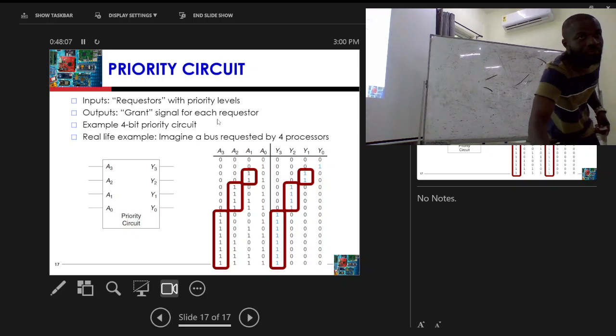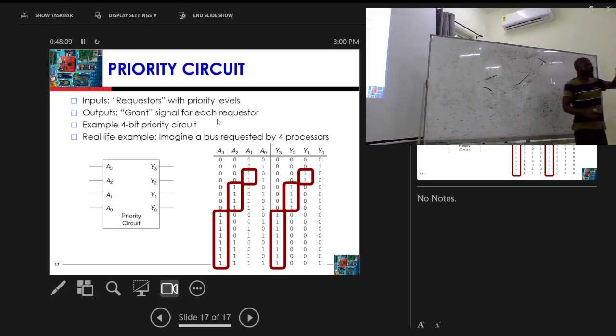So here we have four outputs, Y3, Y2, Y1, and Y0. A3 is connected to Y3. That's where we pay attention. We have Y3 and A3. As long as A3 is 1, Y3 is 1.